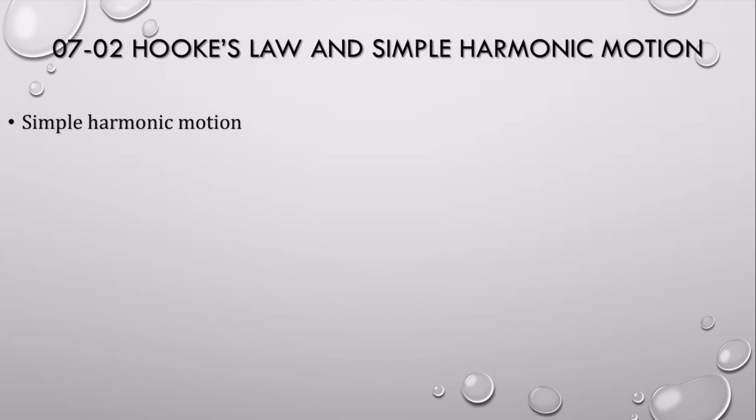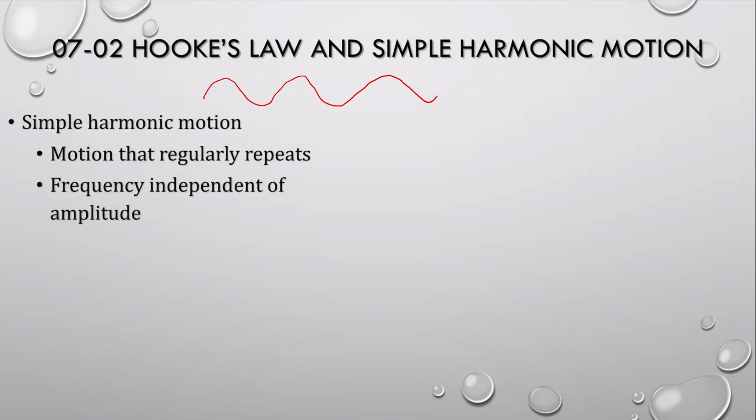This brings us to the idea of simple harmonic motion, which is motion that regularly repeats. So it goes up and down and up and down and up and down. The frequency turns out to be independent of the amplitude. Because if we stretch it out higher, there's going to be more restoring force and thus more acceleration.